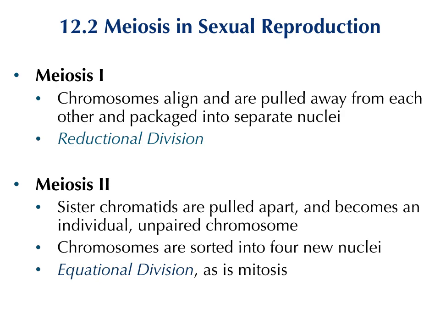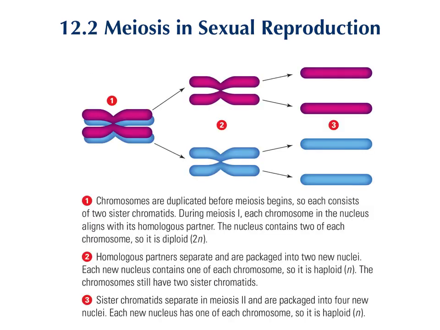In meiosis II, the sister chromatids are pulled apart and become individual unpaired chromosomes. Chromosomes are then sorted into 4 nuclei, and this is what's called the equational division. And this is basically akin to what happens in mitosis. So let's look at all of this with pictures of the chromosomes themselves.